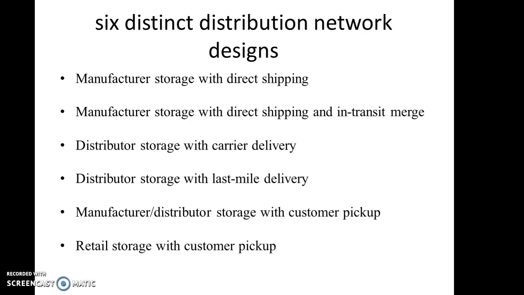Fourth, distributor storage with last mile delivery. Fifth, manufacturer or distributor storage with customer pickup. The last one is retail storage with customer pickup. We are going to discuss each network design in detail, its advantages and disadvantages, and where it is applicable in the supply chain network.